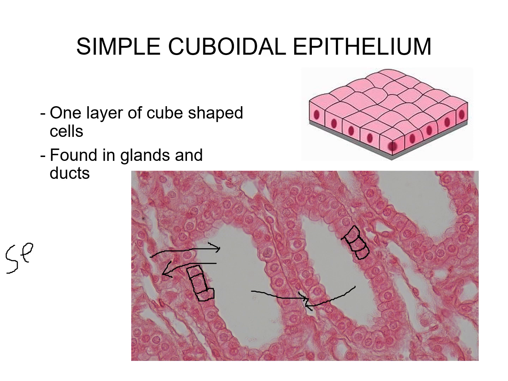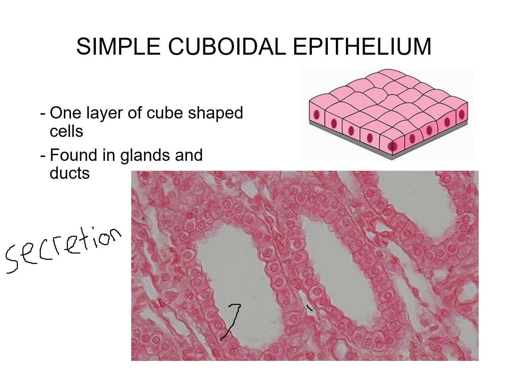And if you take a look once again at the location, glands and ducts, so this is what your sweat glands look like. This is what your oil glands look like. This is what some of the glands, your endocrine glands that secrete your hormones, what they look like. So how this works is the tissues make the substance, and what they do is they secrete it into this space.